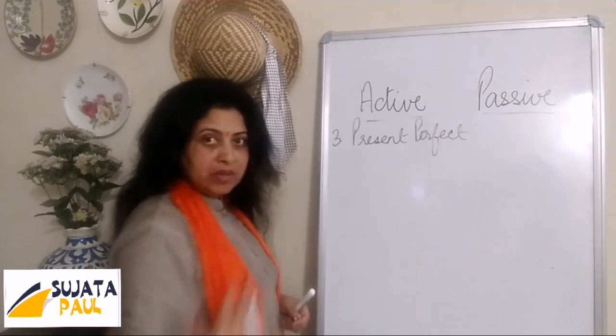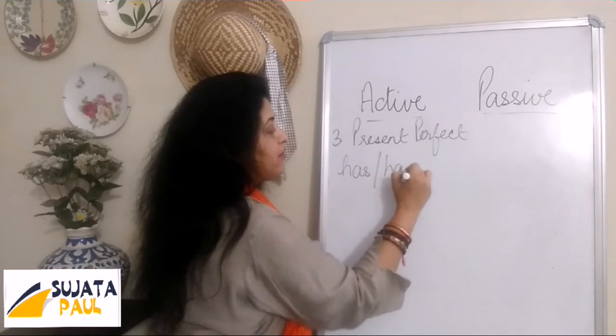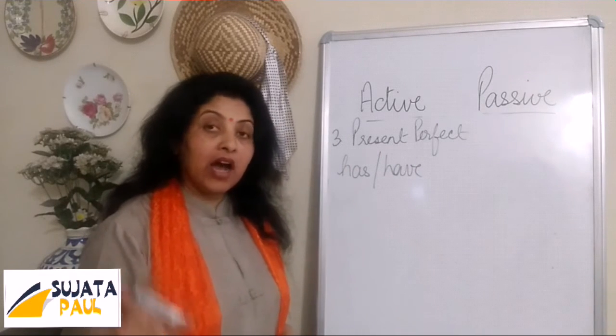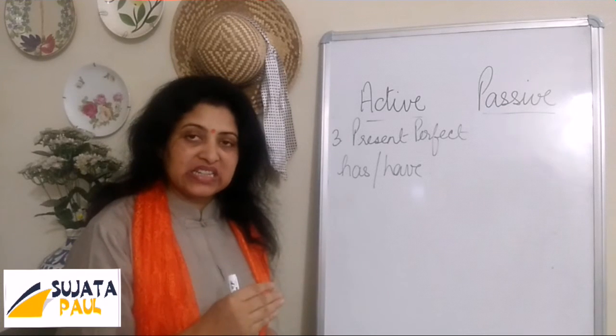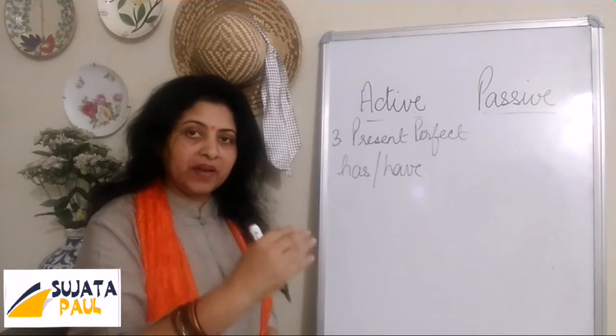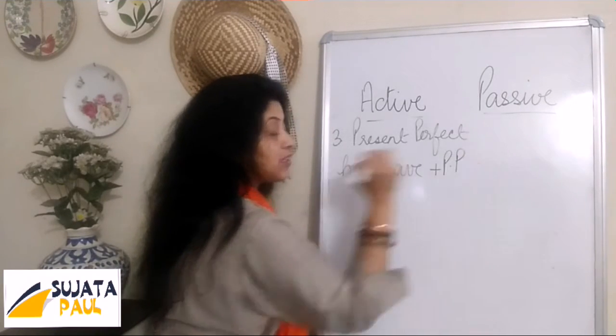Present perfect means I will have has or have, and with has and have, I always have the third form of the verb. Has eaten, has played, play, played, played. So it will be has, have plus past participle.